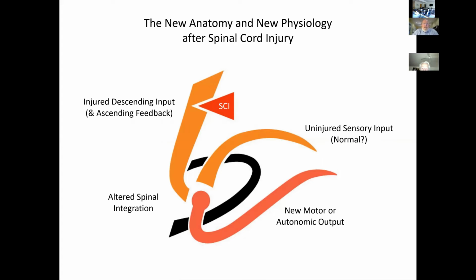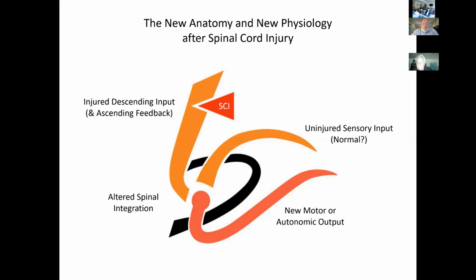So the fundamental situation that I think we're faced with in spinal cord injury is shown by this diagram of a hemispinal cord with descending and sensory input meeting in the spinal cord, and then the output of motor or autonomic function. As you can see, the spinal cord injury disrupts the descending input, but also the ascending feedback.